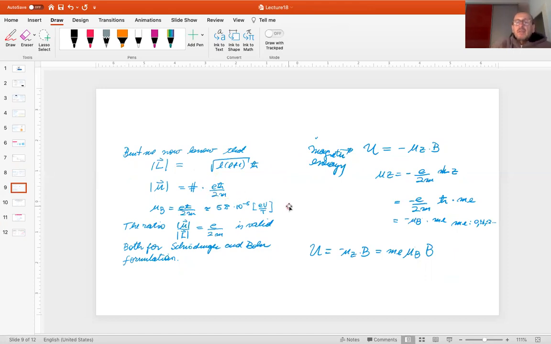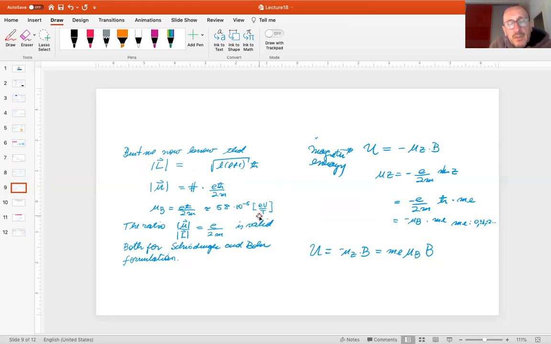And all the magnetic properties of any nuclei, not only the hydrogen atom, are measured in units of Bohr magnetons. So one Bohr magneton is 5.8 times 10 to the minus 5 electron volt per Tesla.